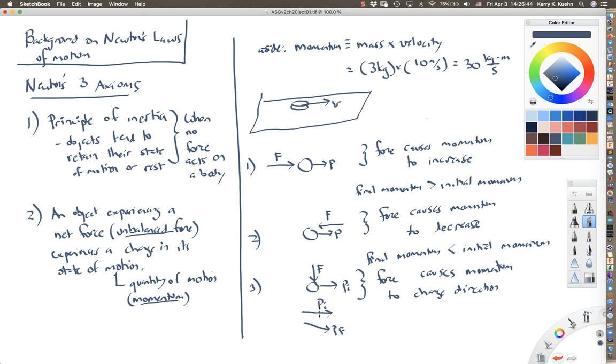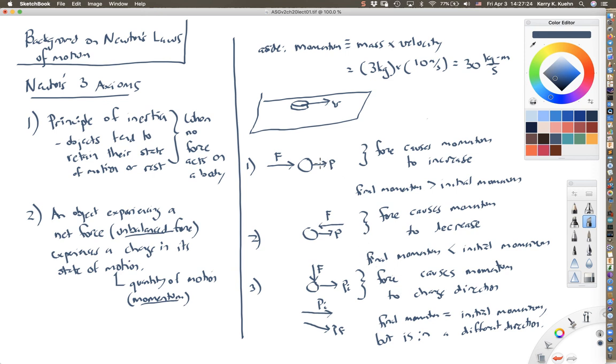The size of the momentum may still be 30 kilogram meters per second, but in a different direction. So the final momentum, at least in magnitude, is equal to the initial momentum, but is in a different direction. That counts as a change in momentum, by the way.